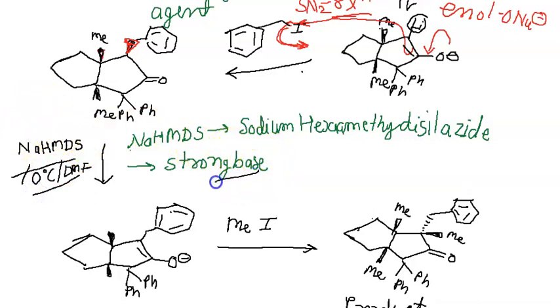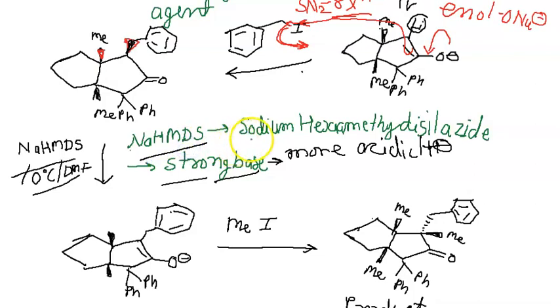NaHMDS will abstract H plus. In this step, this reagent abstracts the hydrogen. One hydrogen is also present here.